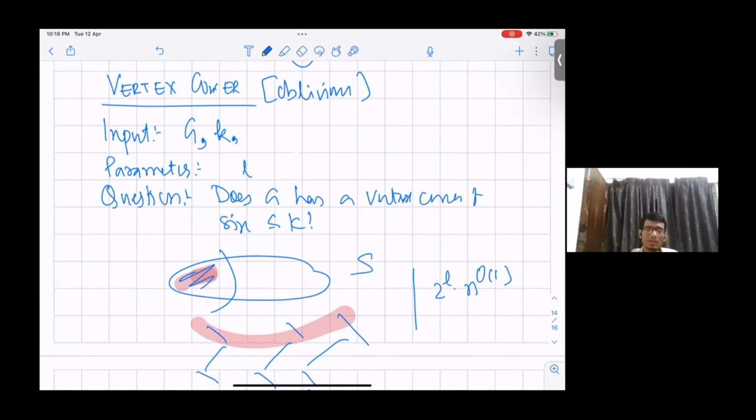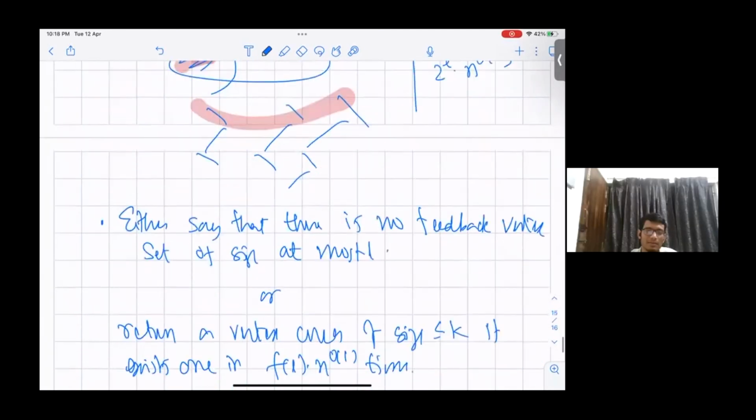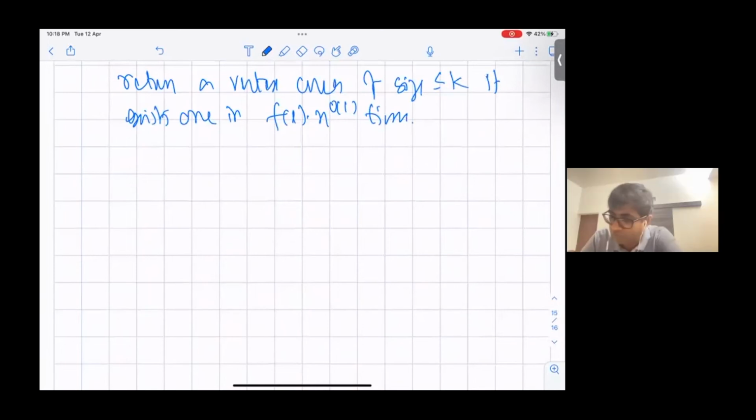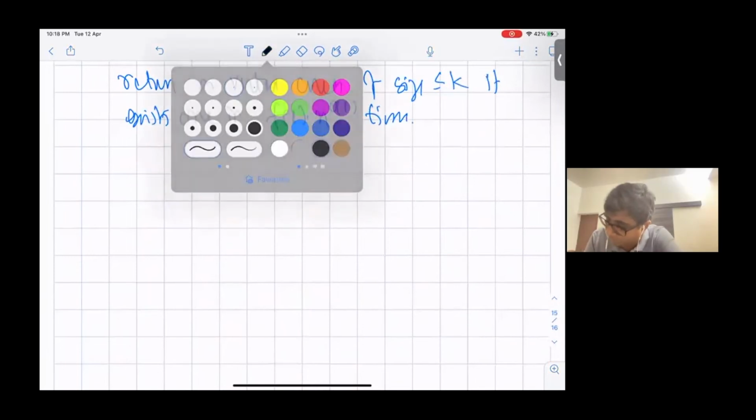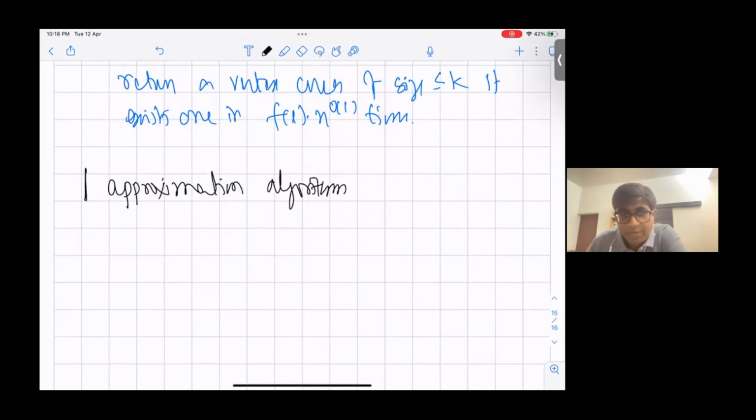One way is to use the approximation algorithm for feedback vertex set, which we made today morning. So we did design an approximation algorithm. It is not as obvious as whatever we have been doing.